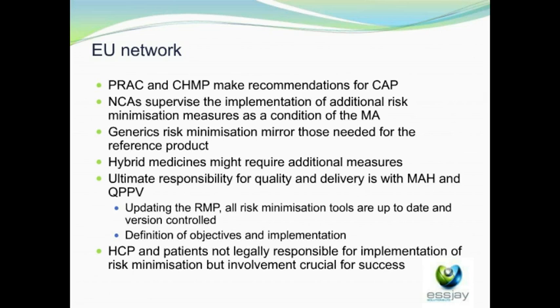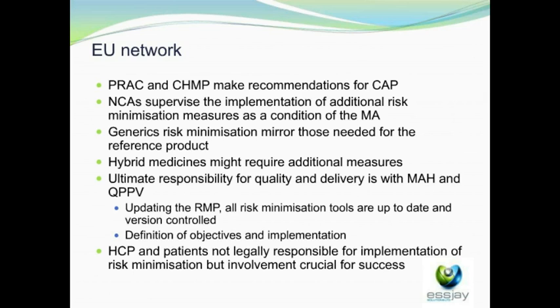And they are really the expert group, PV group within the EU. And they, along with CHMP, will make recommendations for those products. At the national level, the national competent authorities will implement or ask for additional risk minimization measures as a condition of MAs for national products.